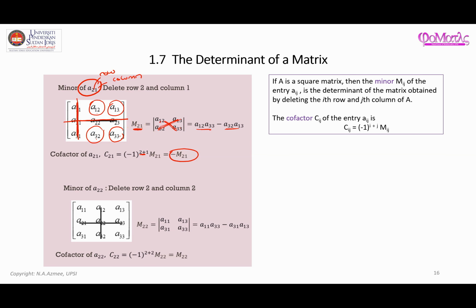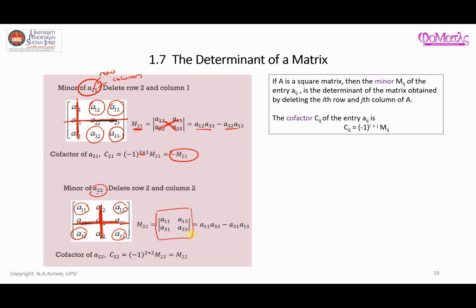Right, how about this one? If you want to find the minor of A22, again, this is row 2, column 2. So you're just going to delete row 2 and column 2. Then the remaining values here will be plugged into this part, and this part is known as finding M22, the minor of this entry at position 2, 2, okay?